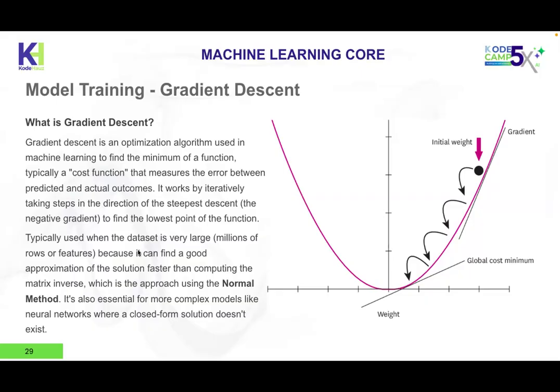It becomes very difficult to do. So for complex models like neural networks, for large amounts of data, the gradient descent is far more effective, is more optimal, is better. But for small models that only have a few parameters, 5, 6, 10 parameters, the normal method is better.